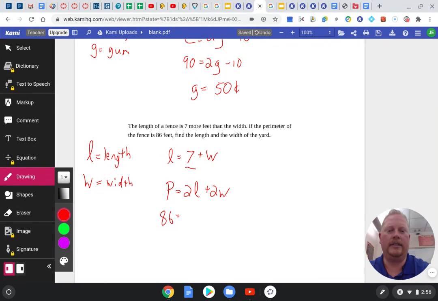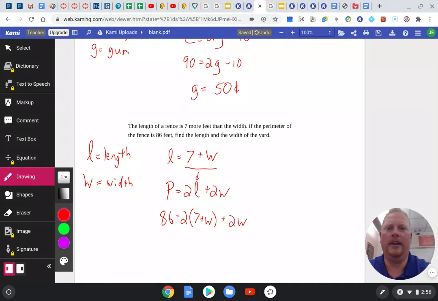And since my length is 7 plus W, I'm going to put that 7 plus W right where that length is. So 2 parentheses 7 plus W. And there's my equation.